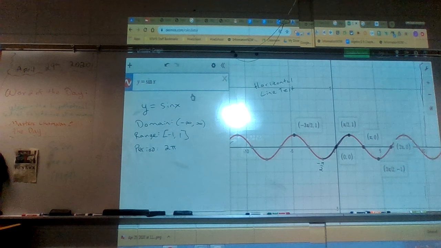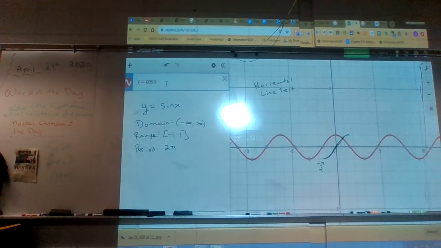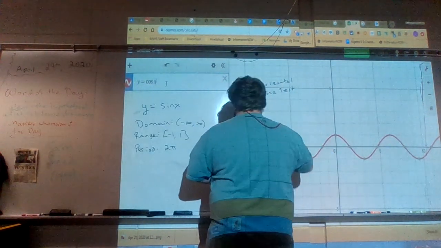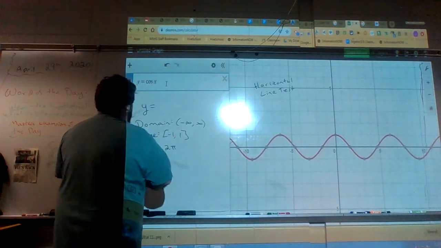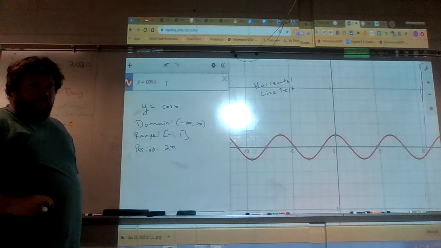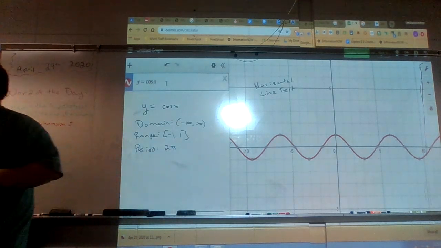All right, let's look at cosine. All right, so here's cosine. And for cosine, you may remember that actually all of these three things are the same. So domain's negative infinity to infinity, range is negative 1 to 1, period's 2 pi.